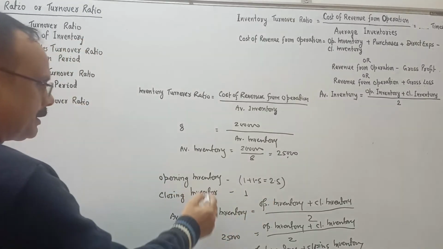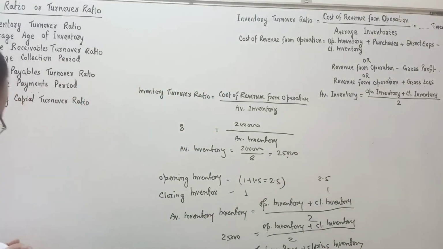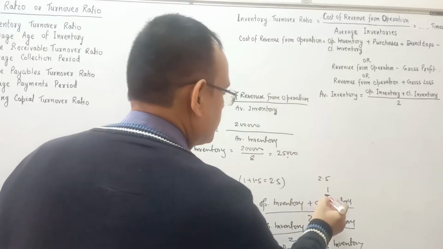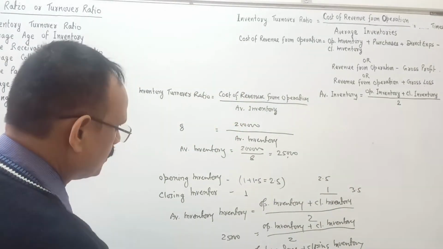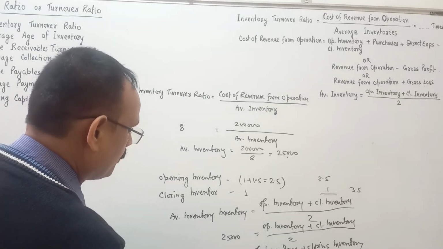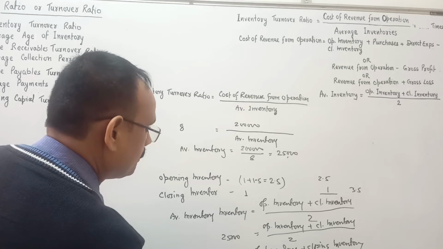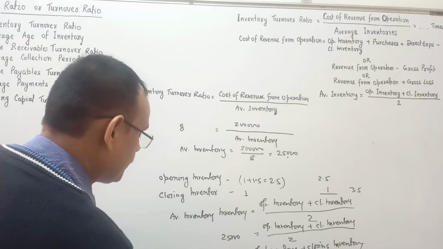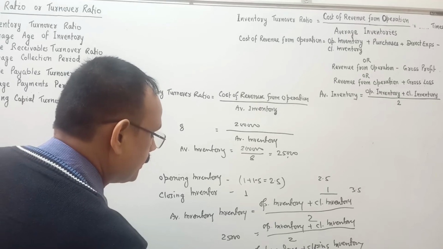Now see the relation between these two. It is 2.5 and it is 1. So total is how much? Total inventory is 3.5. So opening inventory is equal to 2.5 upon 3.5 into 50,000, and closing inventory is equal to 1 upon 3.5 into 50,000.